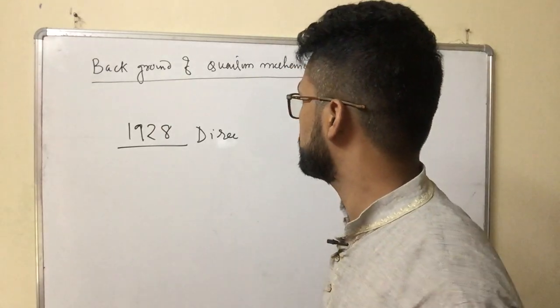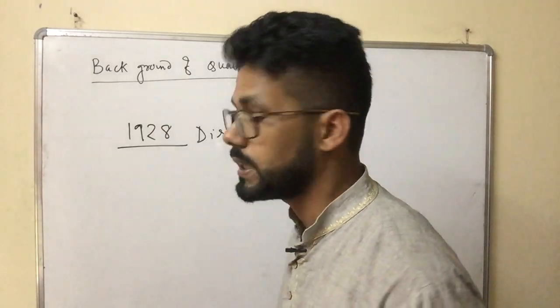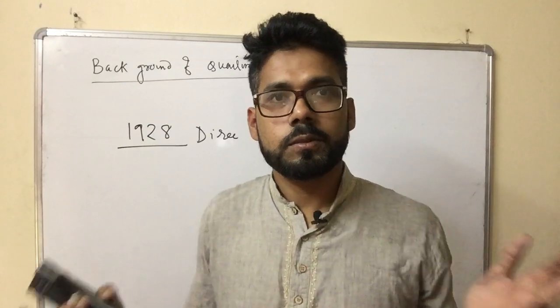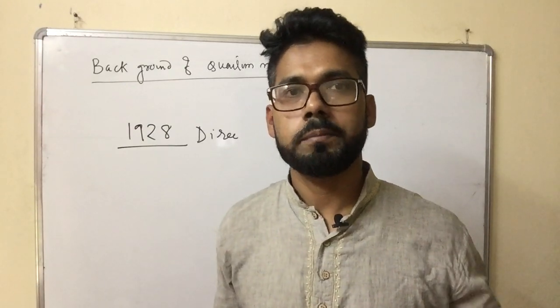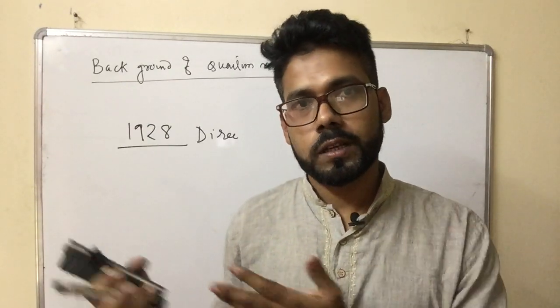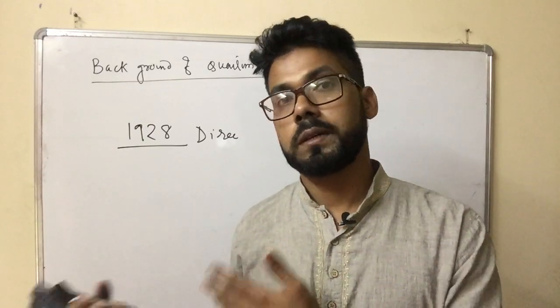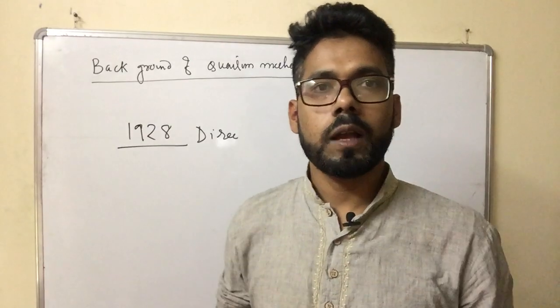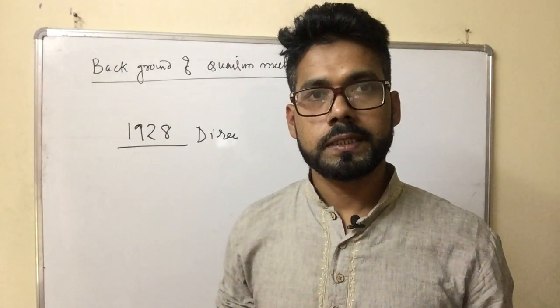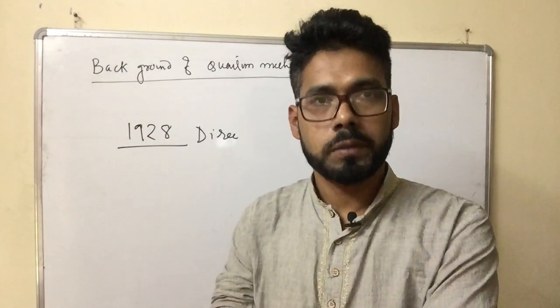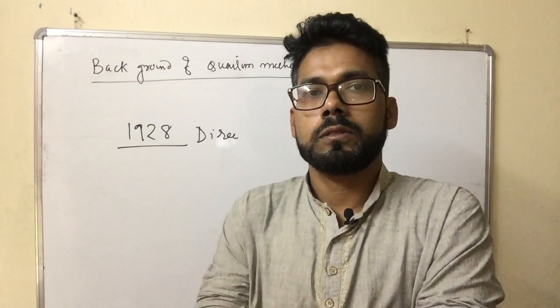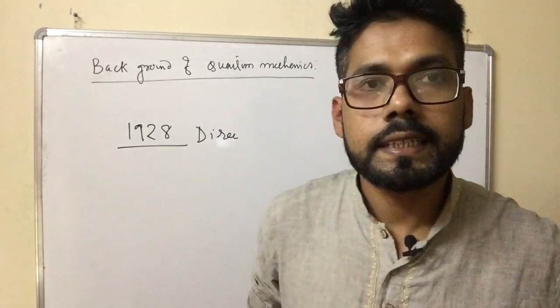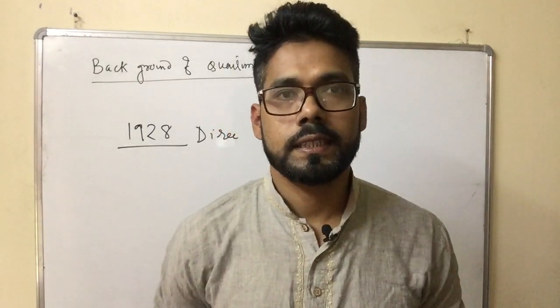So these equations were developed in 1928, and this is the background of quantum mechanics: how and why quantum mechanics developed. The moral of the story is that quantum mechanics was developed specifically to analyze microscopic particles and their nature, which cannot be explained by classical theory.